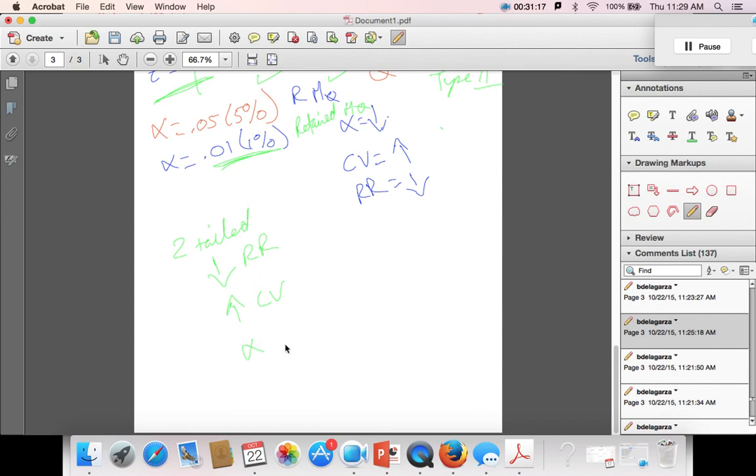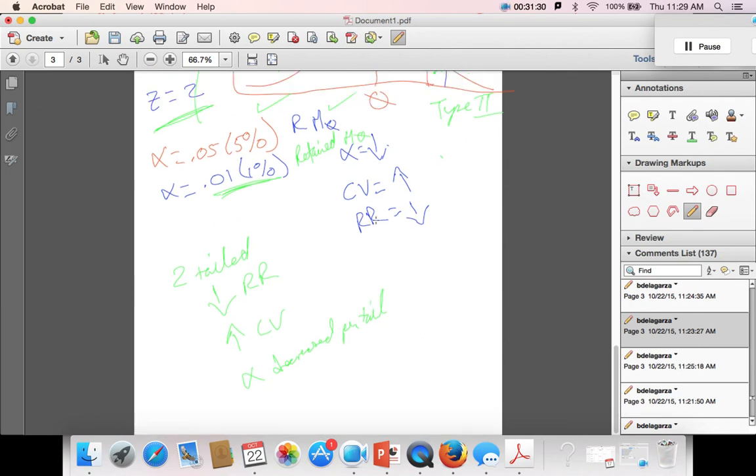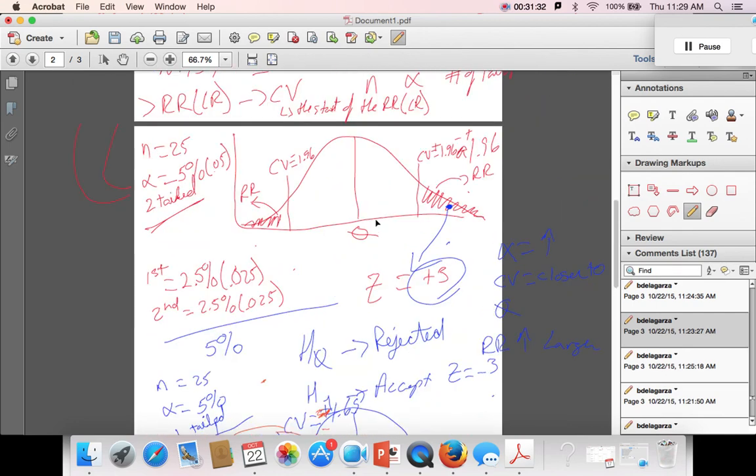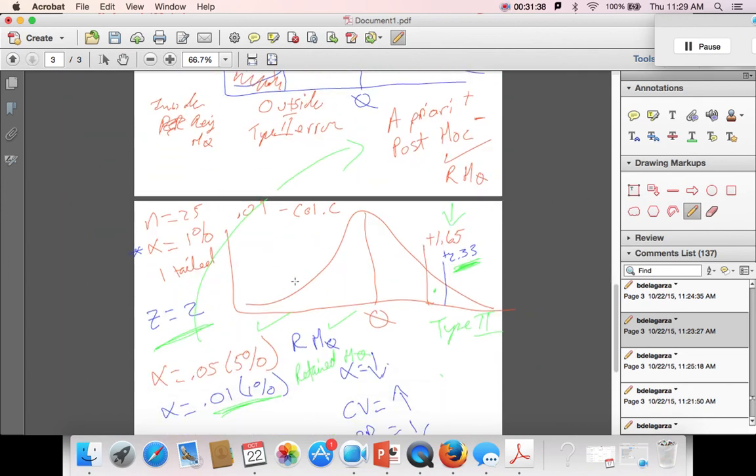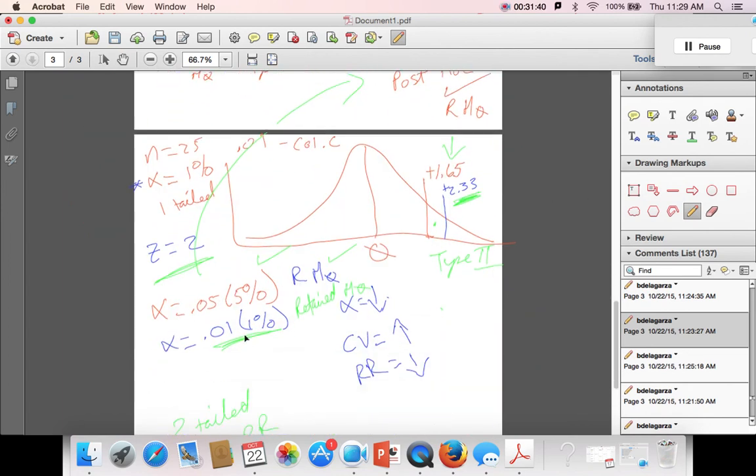Because my alpha level has decreased per tail. So in other words, rather than me having 5% for one tail and 5% for another tail, I have, in this particular case up here, 2.5% and 2.5%. It's essentially the same thing as me having done what I did here, that I went from 5% to 1%. I went to a smaller alpha level per tail.